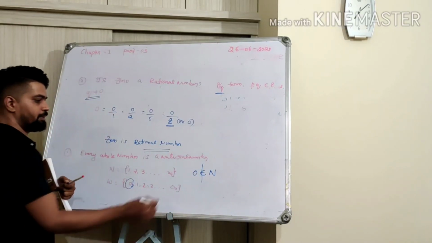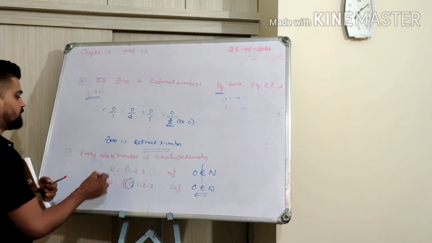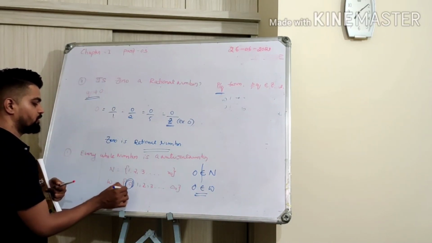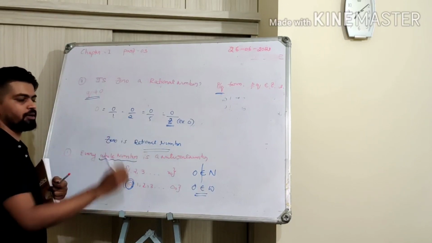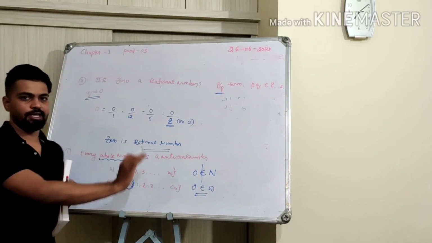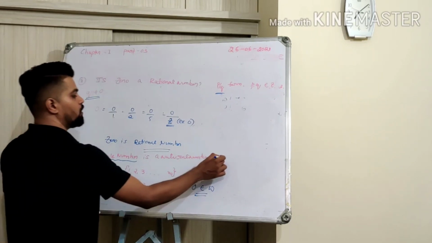So 0 does not belong to natural numbers. Okay. But 0 is a whole number. So that means I can say particularly that 0 is not a natural number. That is the reason every whole number is a natural number is wrong. Except 0, every other whole number is a natural number. Okay, so the statement is false.